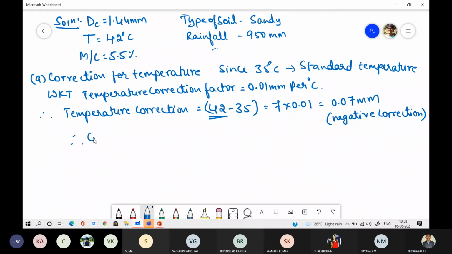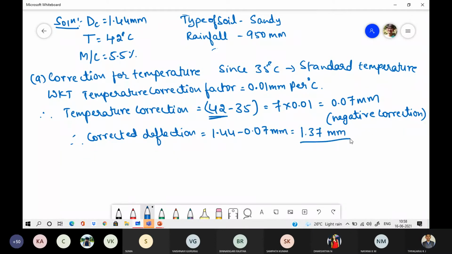Therefore, corrected deflection is equal to 1.44 minus 0.07 mm. So how much are you going to get? 1.37. Are you going to get 1.37? Yes, sir.